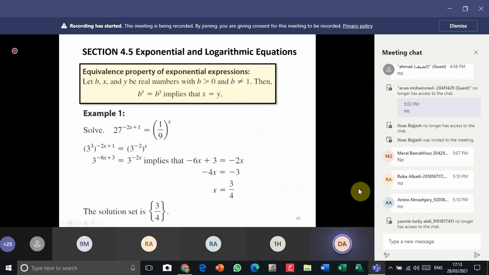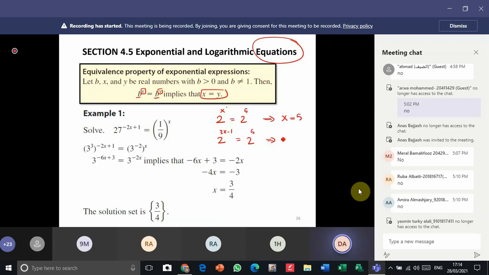Now, about exponential equations, if we have the same base, the exponents must be equal. For example, if 2 to the power x equals 2 to the power 5, then x must equal 5. Or 2 to the power 3x minus 1 equals 2 to the power 5.